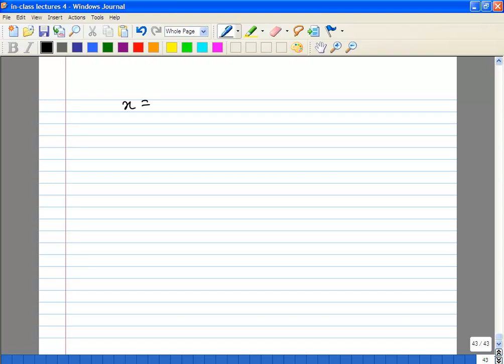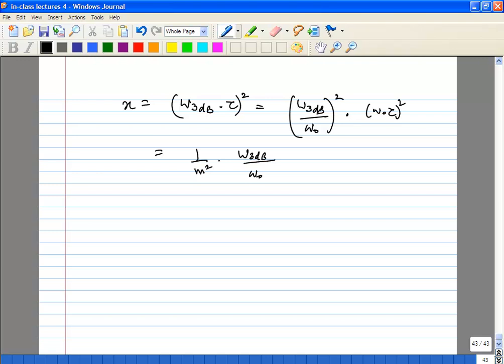So remember, x is omega 3 dB times tau the whole squared, which is omega 3 dB or omega naught the whole squared times 1 over m squared.